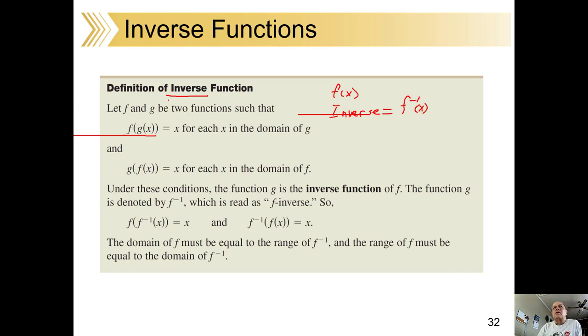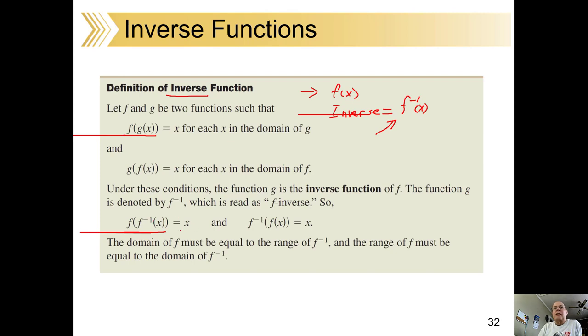Now, for the inverse function, if you've got an inverse function, that means if you take this function and this function and put them together as a composition of functions. One way of doing that is by taking the inverse first and then taking the result through the original function.